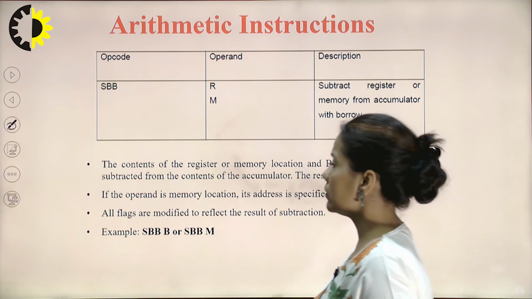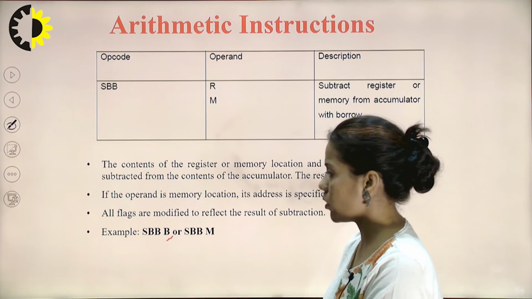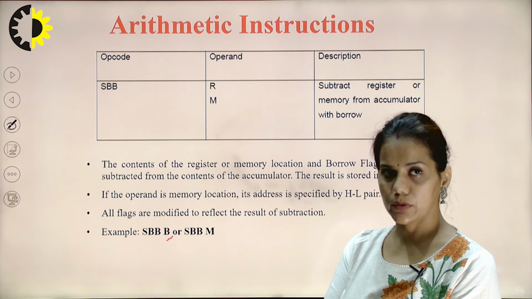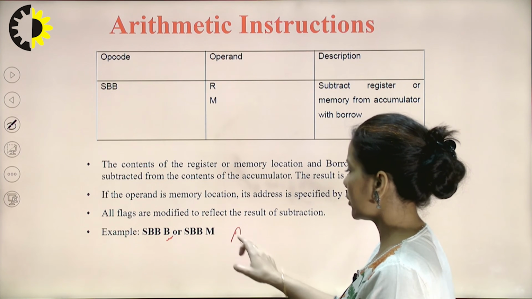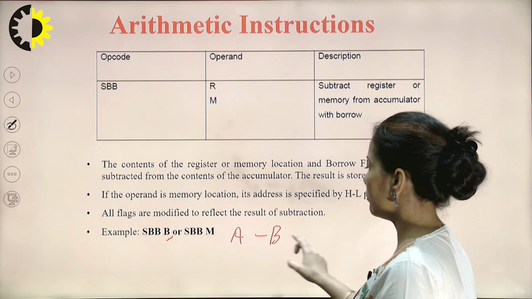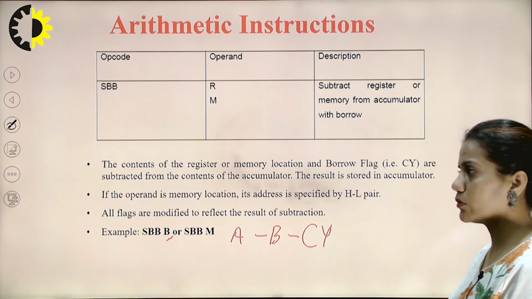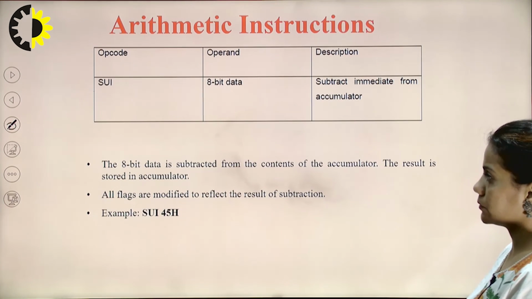SBB means the contents specified by this operand are subtracted from the accumulator along with the borrow, that is the carry. So accumulator minus B minus carry flag, known as the borrow in the case of subtraction, and the result will go into the accumulator.